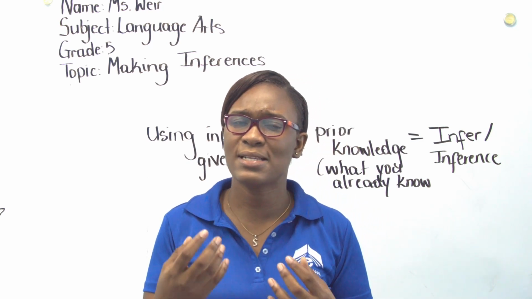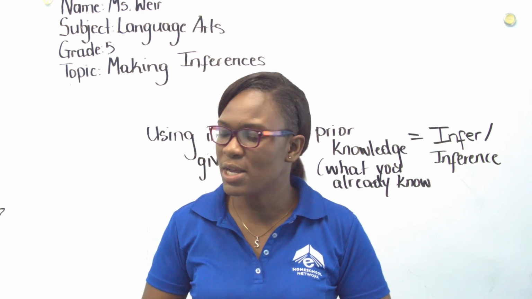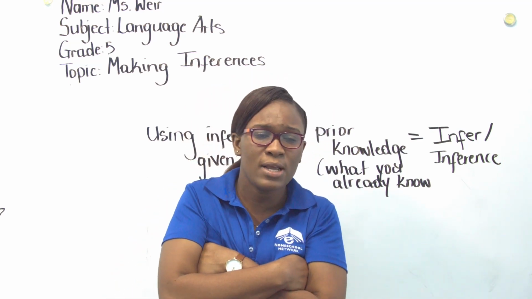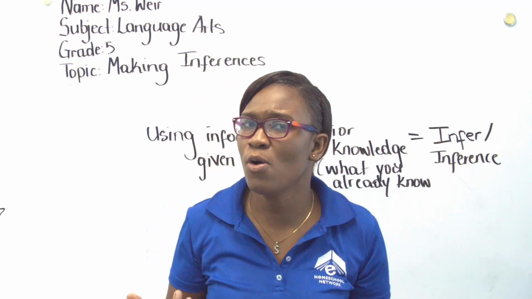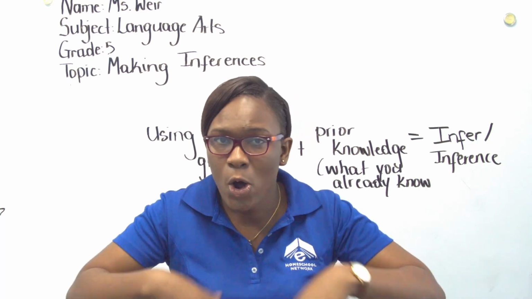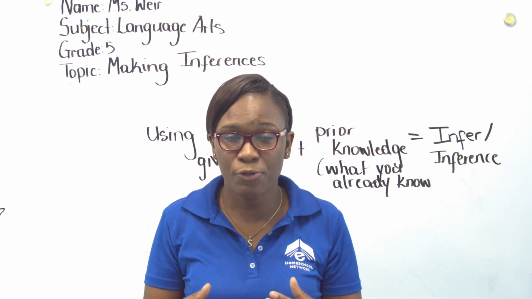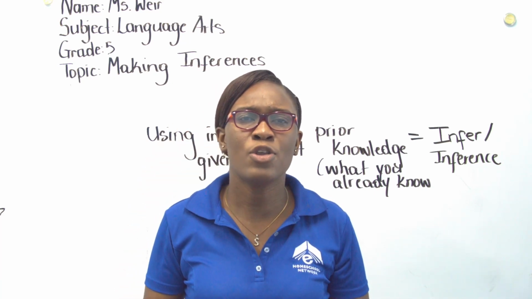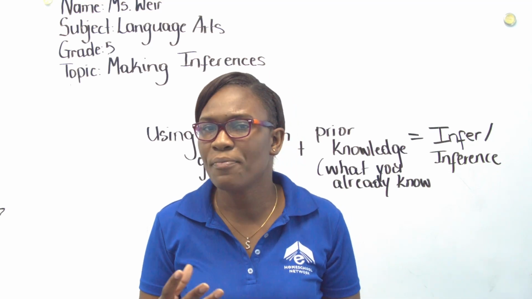So sometimes, as I said to you before, you're not given a lot of information. You see your friend standing there, and her arms are folded and her head is down, and you see tears running down, and you don't know what's happening. But based on all that is happening in the current situation, what you saw, your friend's body position, her facial expression, and all of that, and you know that, okay, when someone cries, that means something is wrong.